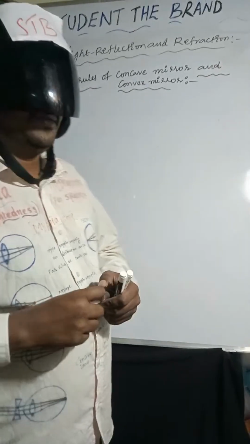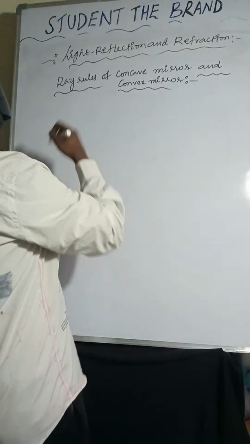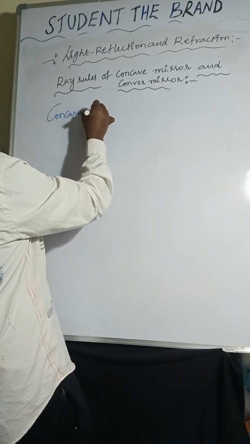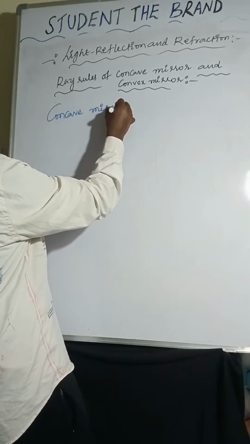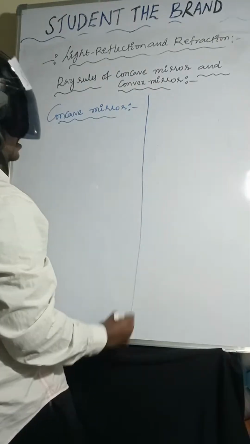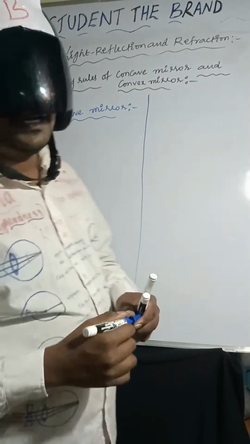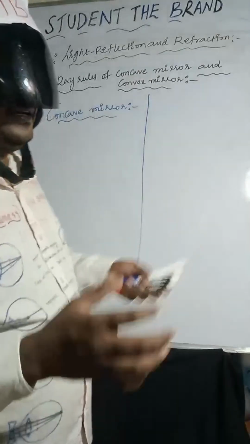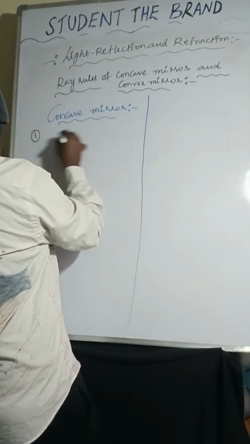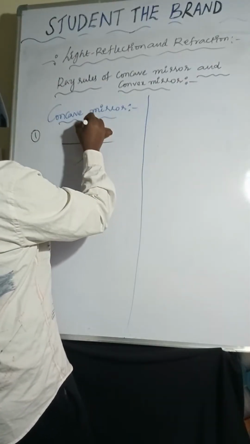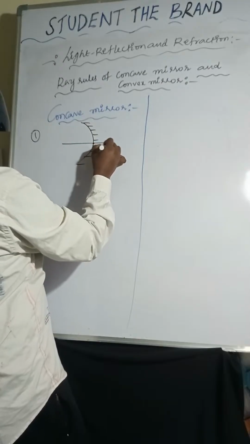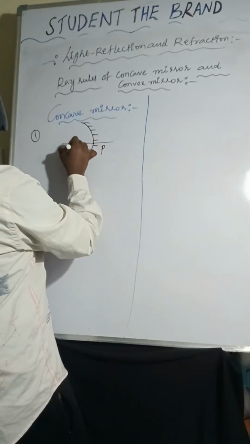Now, first one is concave mirror, the converging mirror. Convex mirror is the diverging mirror. Pole, focus, center of curvature.